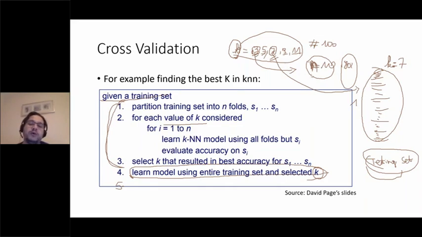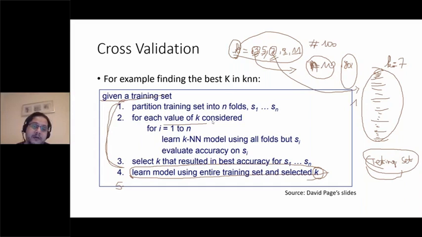We are going to train 10 models here, 10 multiplied by 5, 10 for each K. So it's 50 KNNs, which can cost some time.